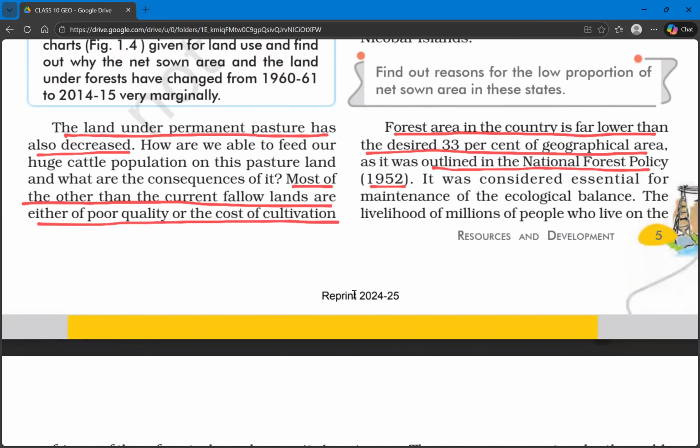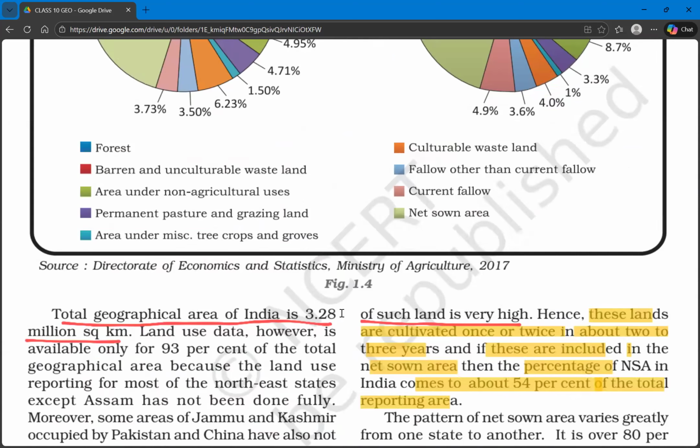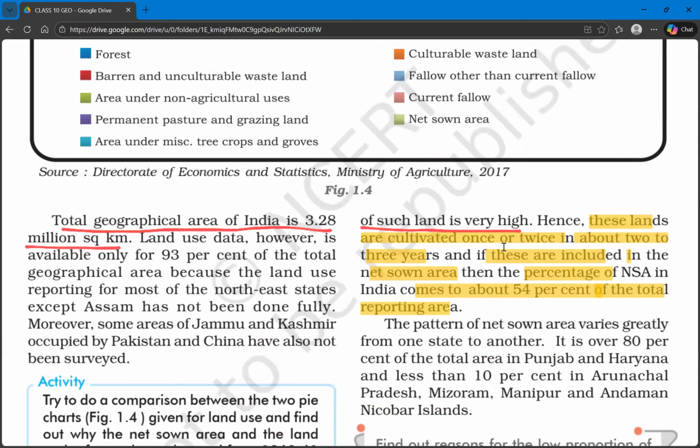We have to see. Most of the other than current fallow lands are either of poor quality, or the cost of cultivation of such land is very high. Hence, these lands are cultivated once or twice in about 2 to 3 years, and these are included in the net sown area. Then the percentage of net sown area in India comes to 54% of total reporting area.